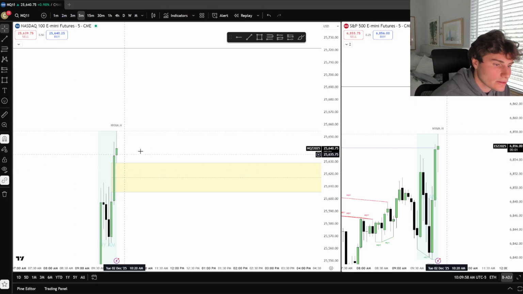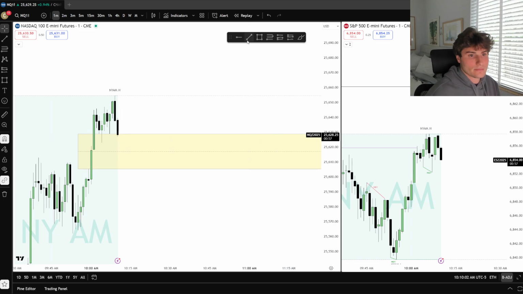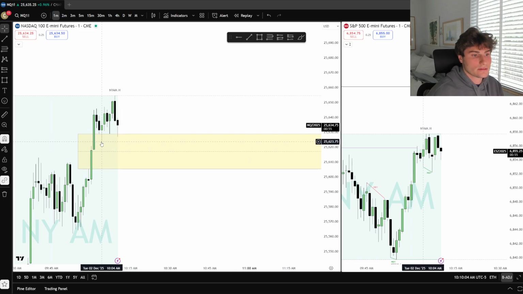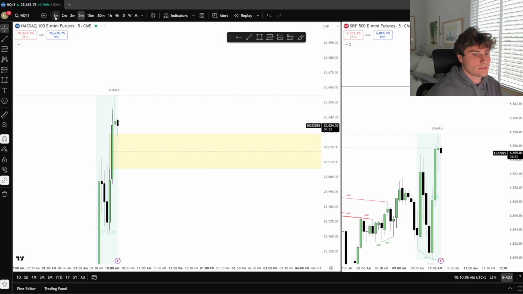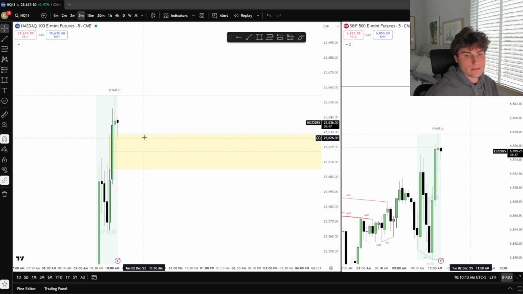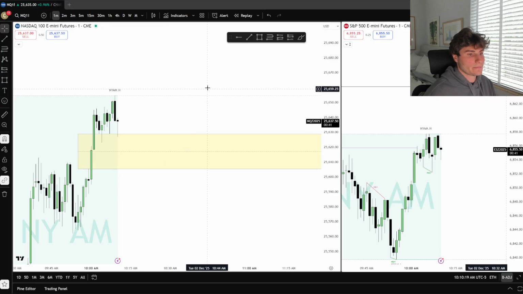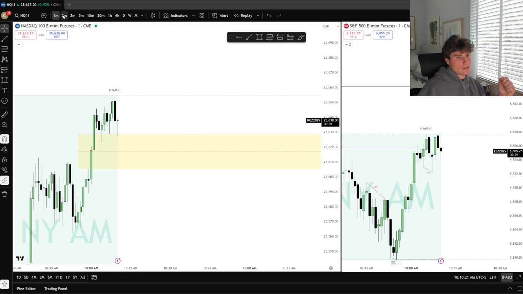Three, two, one. Okay. Let's see if we get a pullback into this 5-minute. Would love to resweep this low. Would be beautiful. Okay, we pulled into that 5-minute. We have SMT. Inversion.